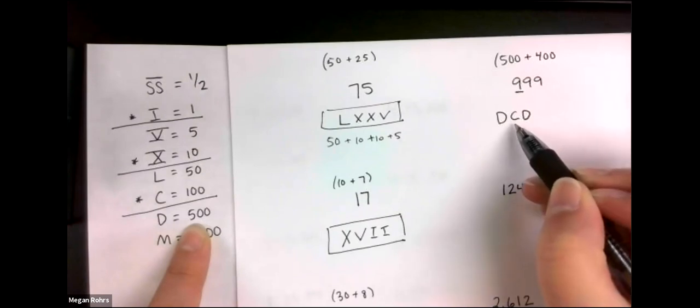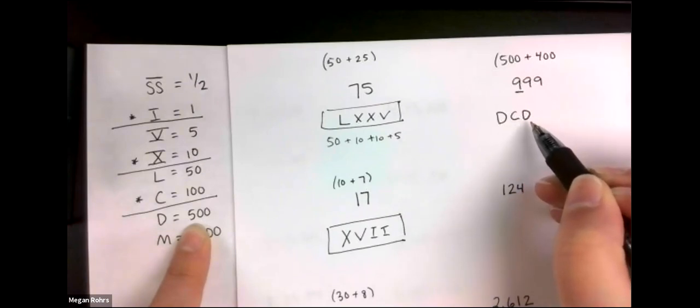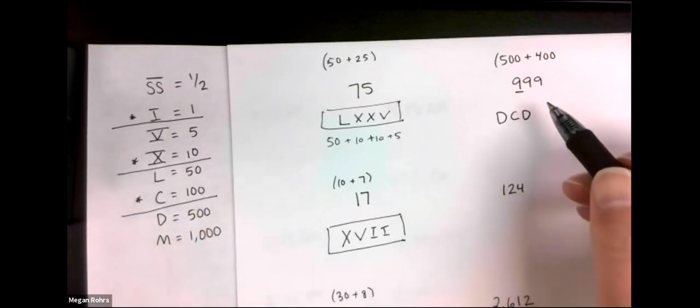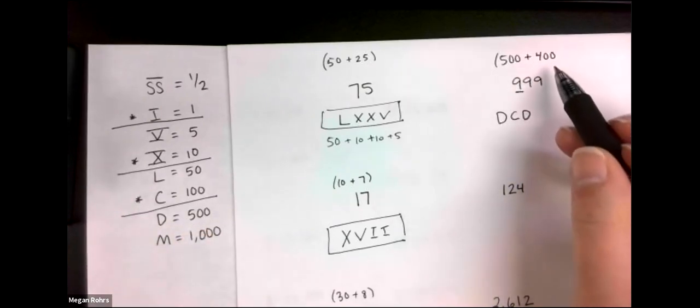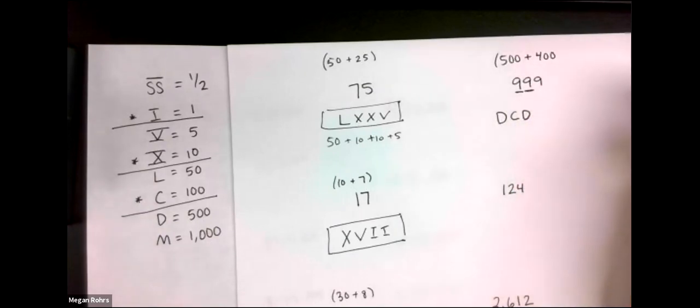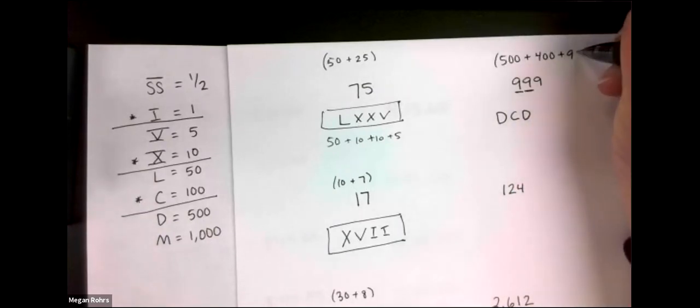Okay, because anytime a smaller numeral comes before a larger, we subtract them. So 500 minus 100 gives us 400. So far we have 900. Now we need to get this place value, which would be 90. And then at the end, we're going to need to add in another 9.